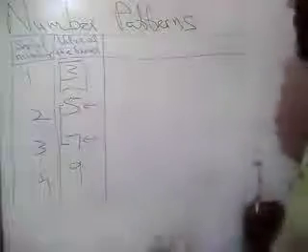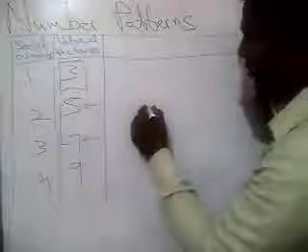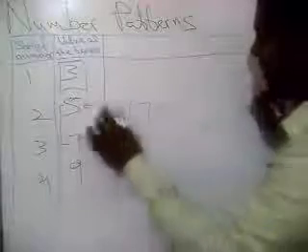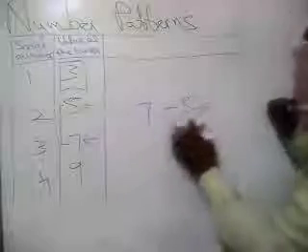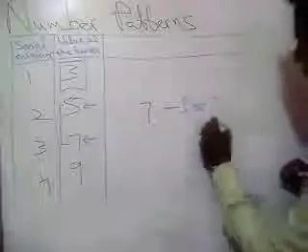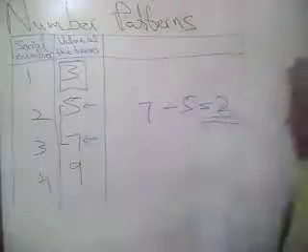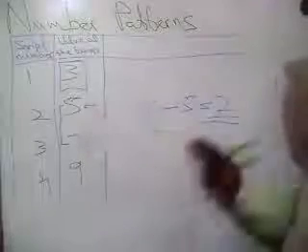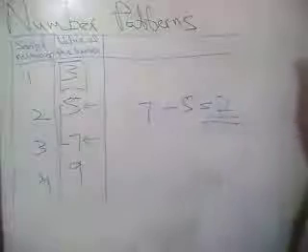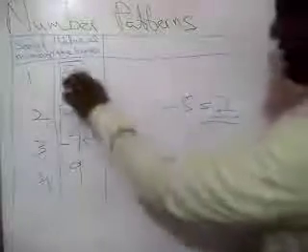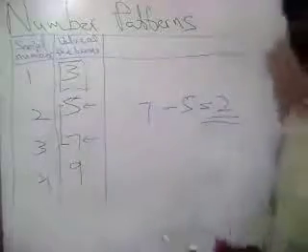To calculate the difference, take the consequent term, 7, minus the antecedent term, 5, which equals 2. This is the difference between two successive terms. If you take 7 and 9, or 3 and 5, the difference will also be 2. So we now have the first term and the difference between two successive terms.